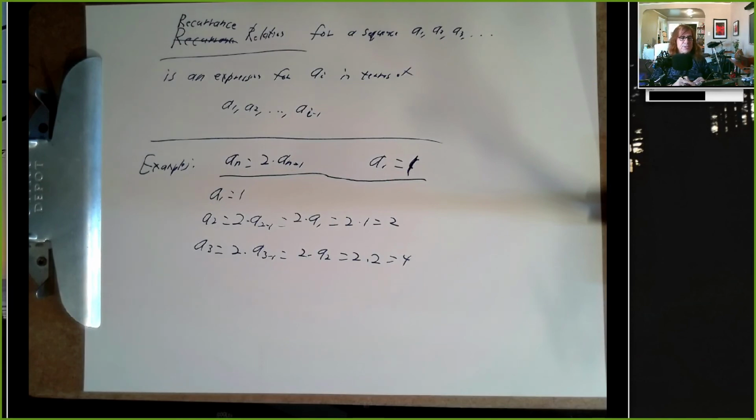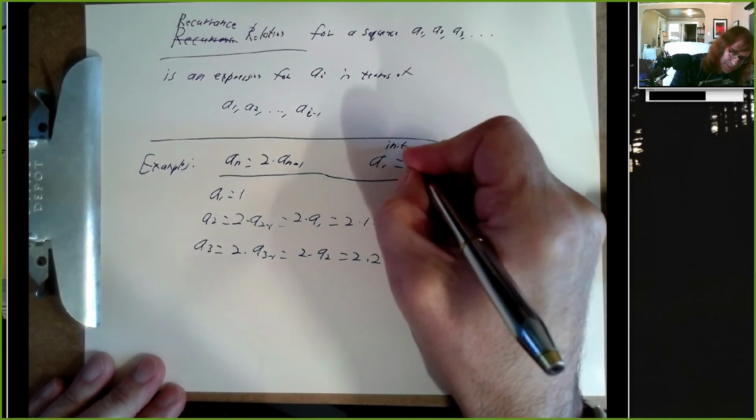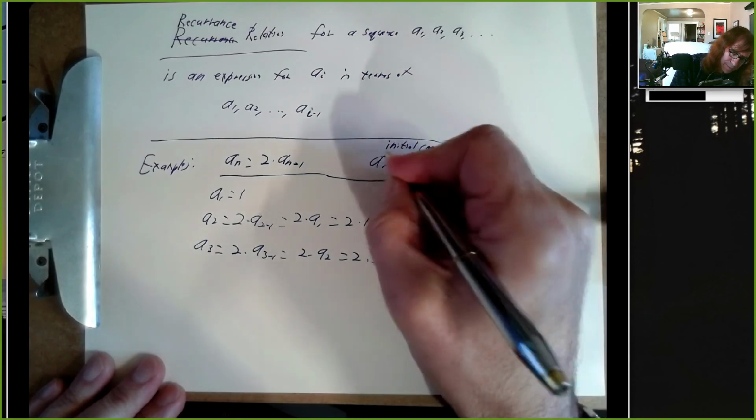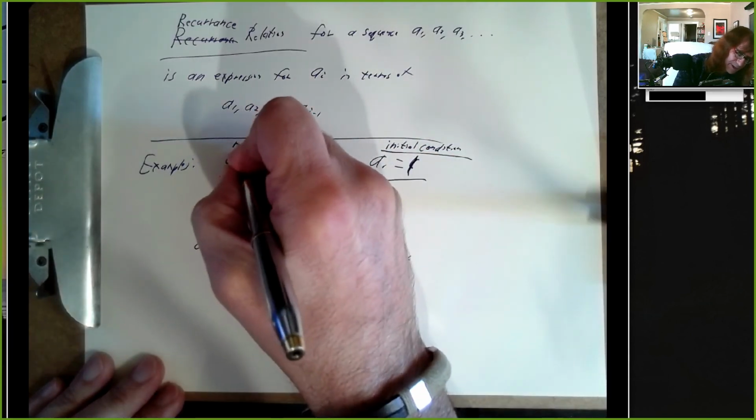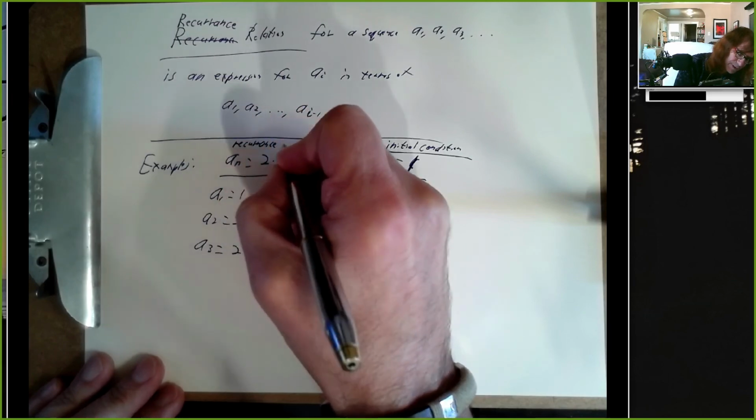So recurrence relation. All right, so this is an initial condition. And this is, in this case, the recurrence relationship. Recurrence relation.